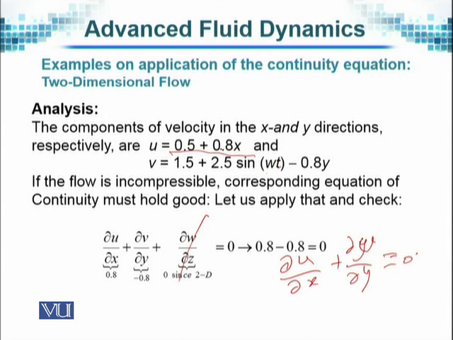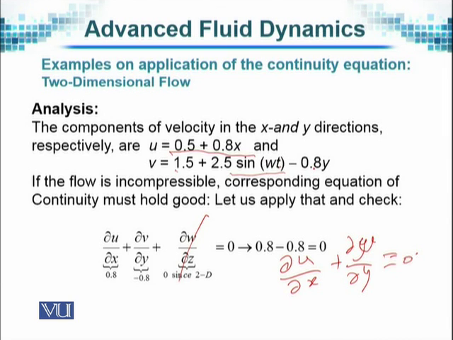The contribution from the first term will be only 0.8, and from the second term you can see this is a constant. There is t here but nothing to do with y. So the derivative, if we differentiate this part with respect to y, will also be 0.